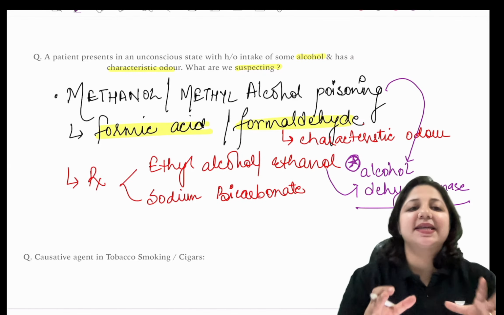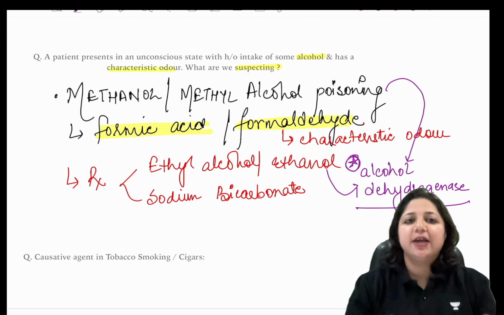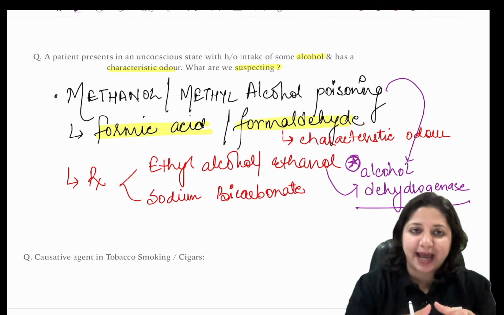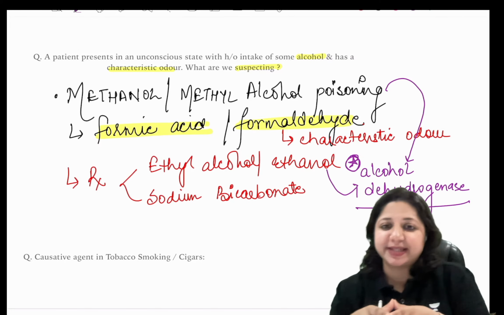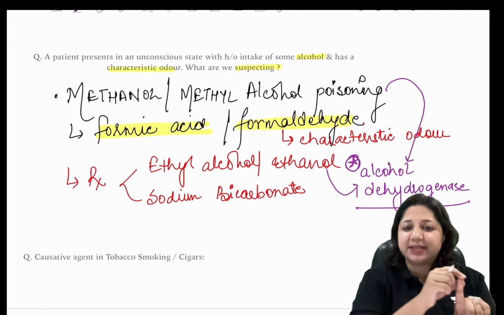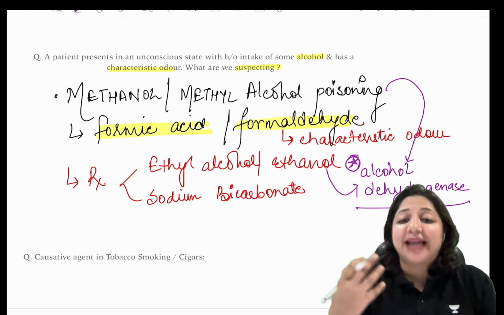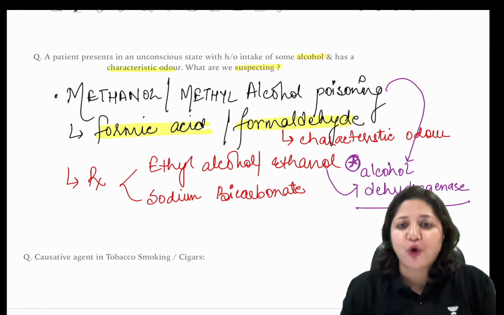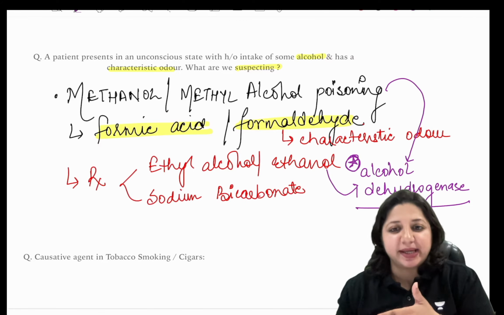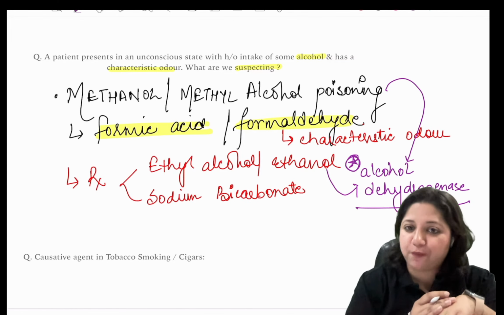Right? So this is in short all about methanol poisoning. It is so easy. When the patient has methyl alcohol or methanol poisoning, it can be because of drinking wood spirit or methylated spirit or wood alcohol, or from inhalation of the fumes in patients working in these industries, or because of the liniments, it can be absorbed from the skin.